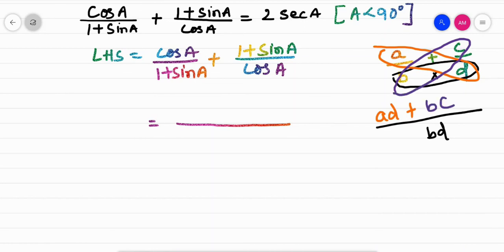So here you will get cos a into cos a, that will be cos square a, plus 1 plus sin a into 1 plus sin a, that will be 1 plus sin a whole square, and in the denominator you will get 1 plus sin a into cos a.